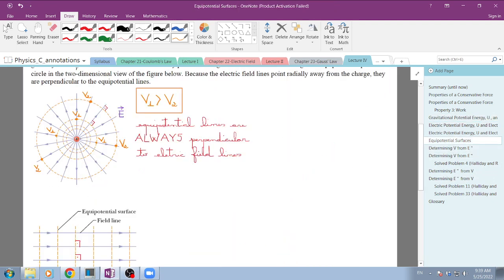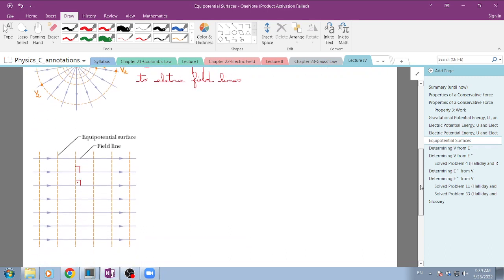Since the field is pointing outwards, that means that the potential in one should be bigger than the potential in the other. If you put here a positive charged particle, it is going to move this way. Okay, guys, always from the biggest to the lowest potential. Very important. This is exactly the same here.